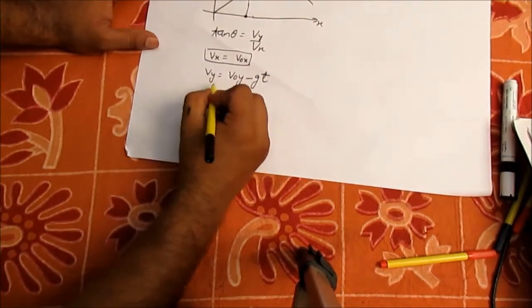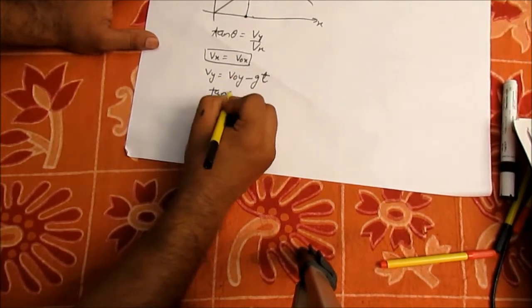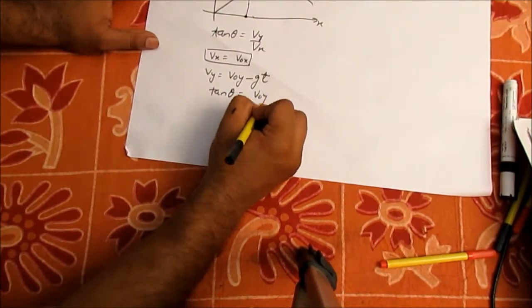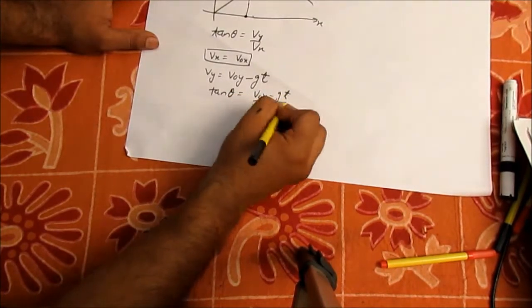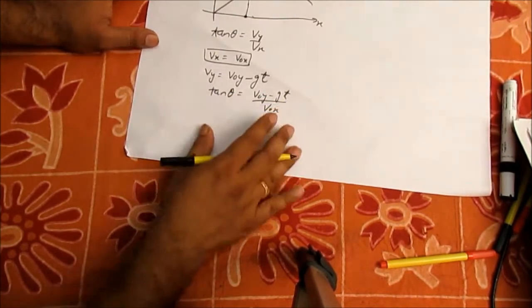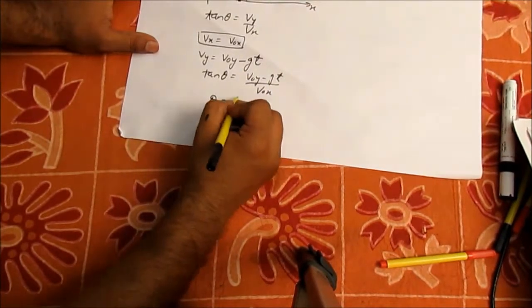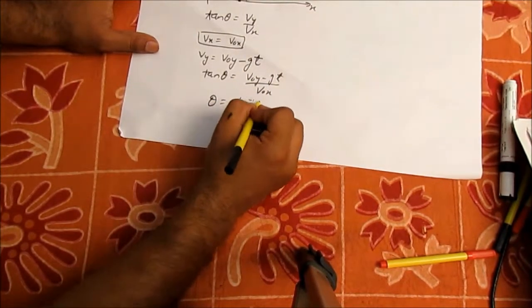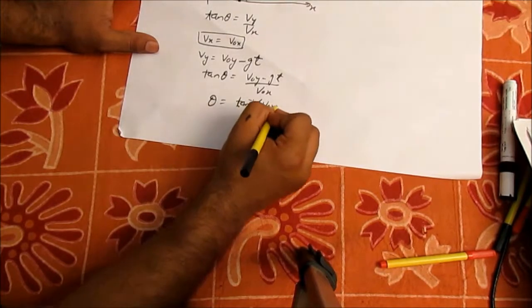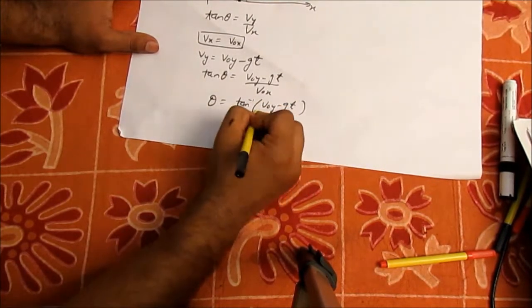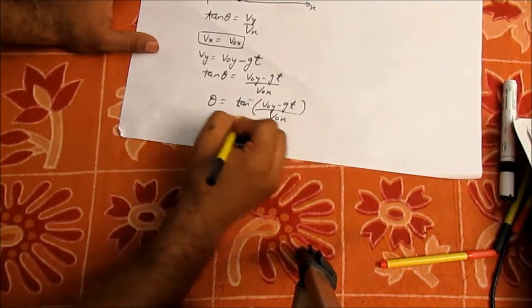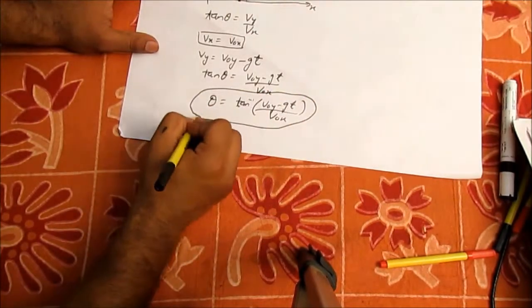So I will get tan theta as v0y minus gt divided by v0x, or we can write theta is equal to tan inverse of v0y minus gt divided by v0x. So it's a very simple question.